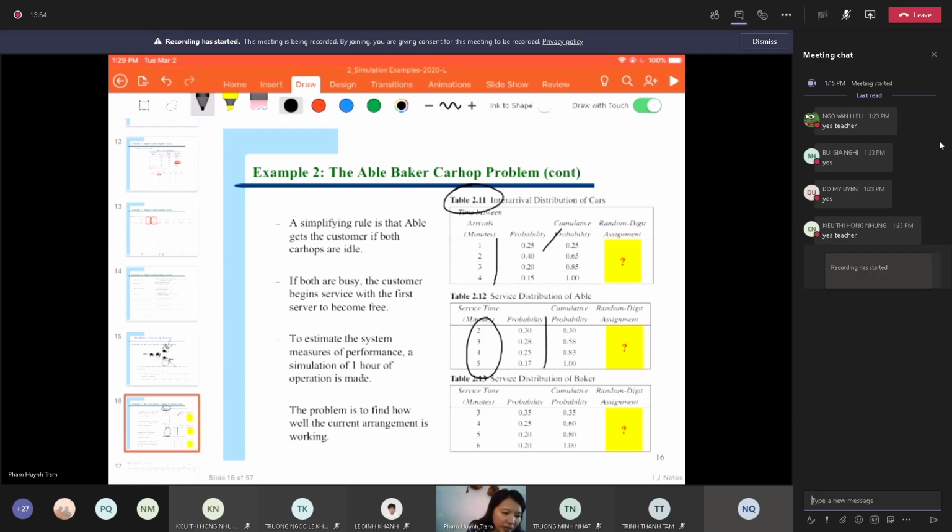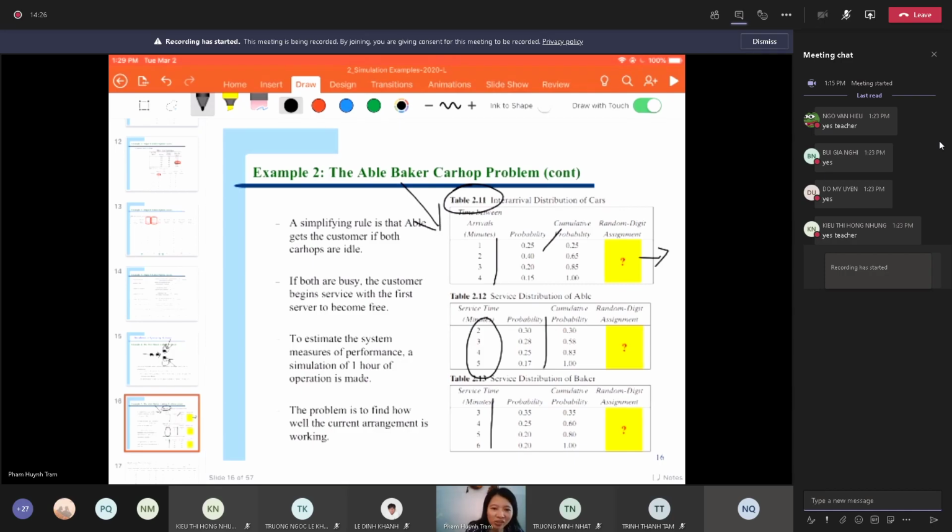And we have the service distribution of Baker in this table. Now, if you still remember what we learned last time, let's look at the time between arrival, table 2.11. If we want to simulate the time between arrivals in this table, can you tell me how I should assign the random digit?